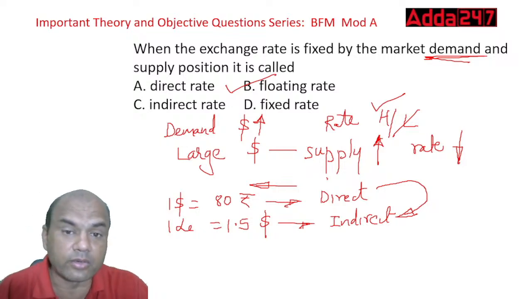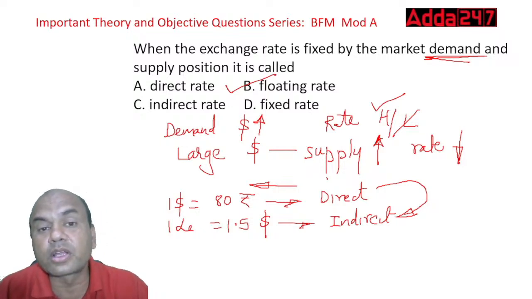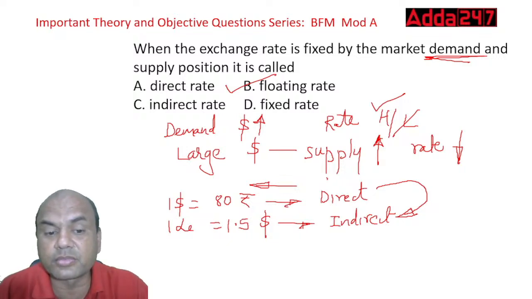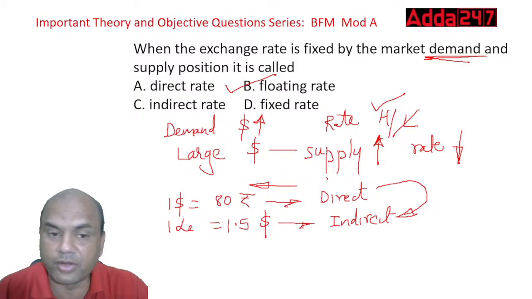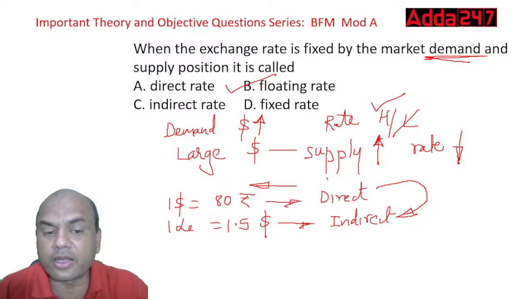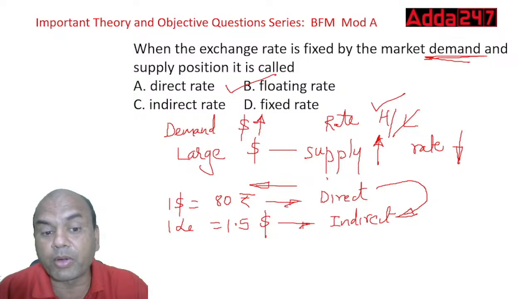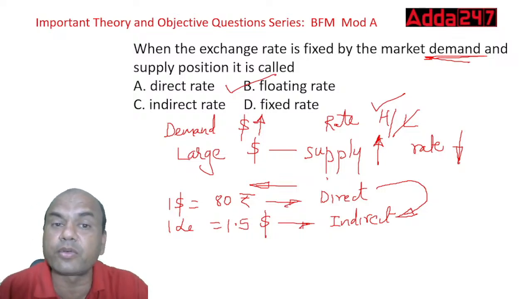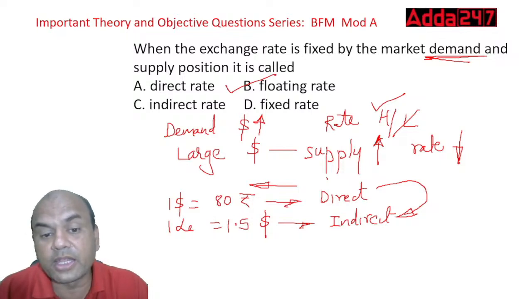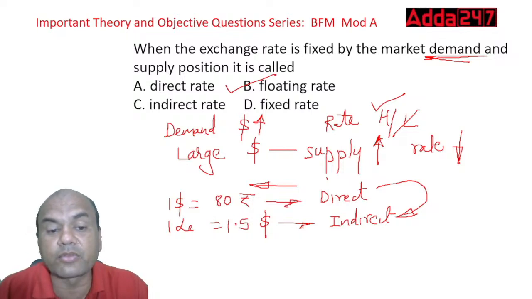But don't confuse yourself with the currency, because the pound is now having the indirect rate. Is that economy bigger than that of India? No. The Indian economy is bigger than the Britain economy.